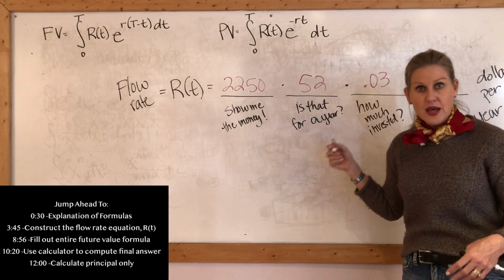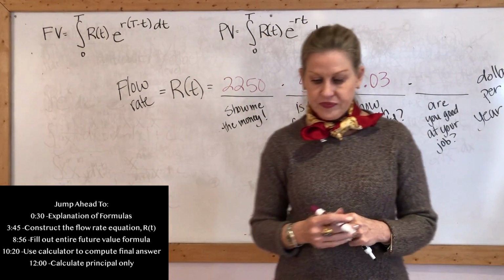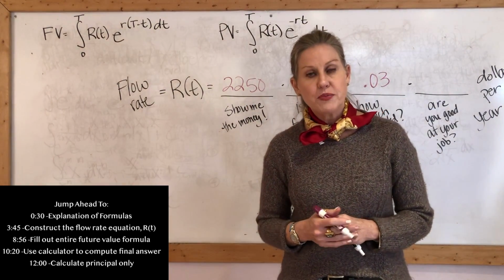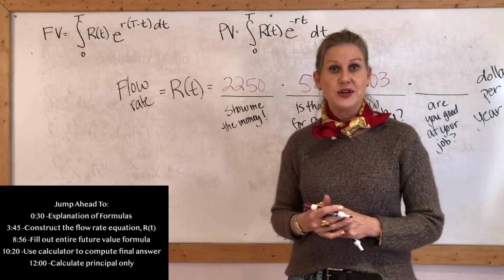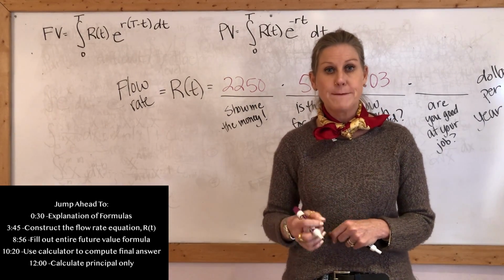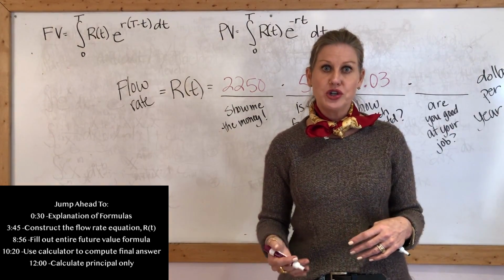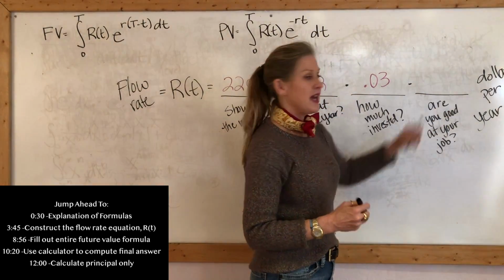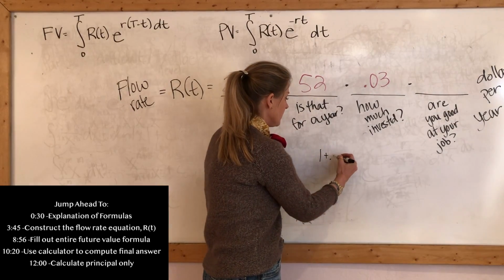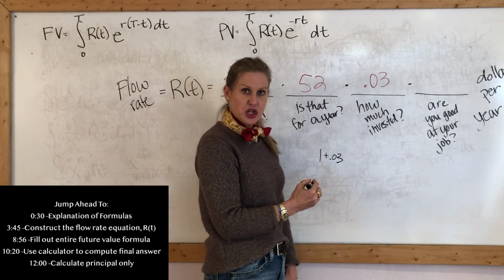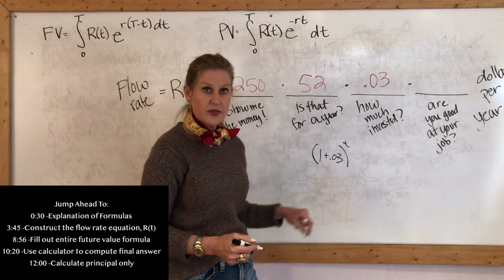And in this problem, Bob and Susie expect their salary, their combined salary, to increase by 3% per year. So since we have a percent increase, they're good at their job. This blank is going to be filled in with 1 plus the percent increase raised to the t, because that's per year.